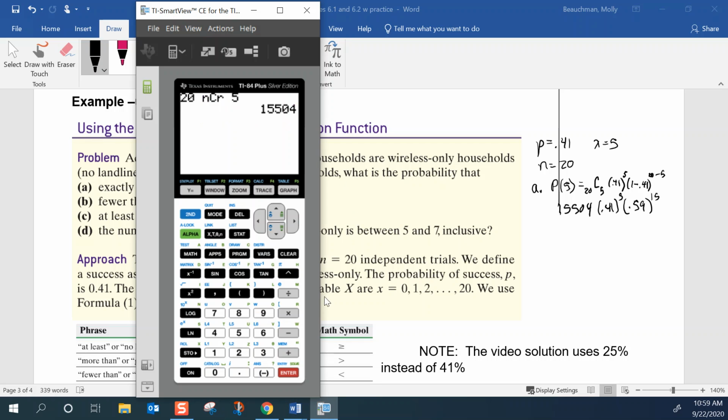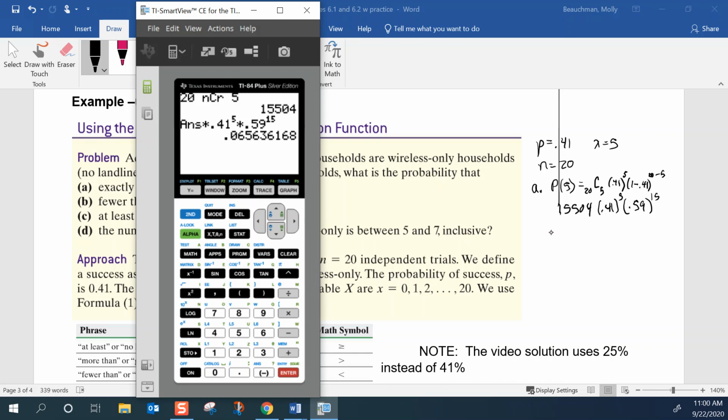So I can continue with the calculator: times 0.41 to the power of 5, arrow over, times 0.59 to the power of 15. Hit enter, and that tells us our probability.